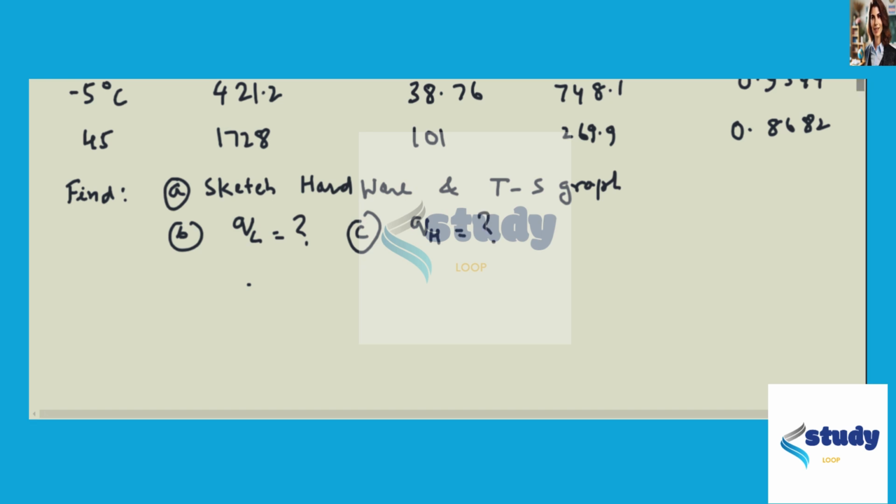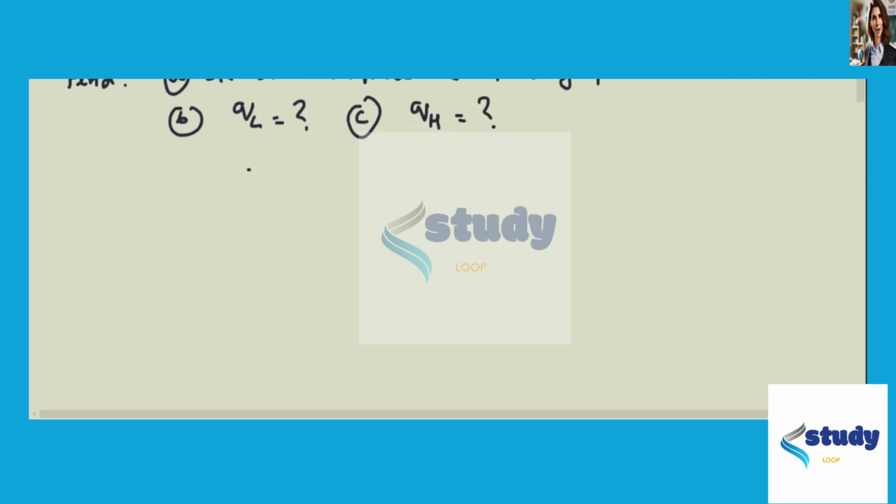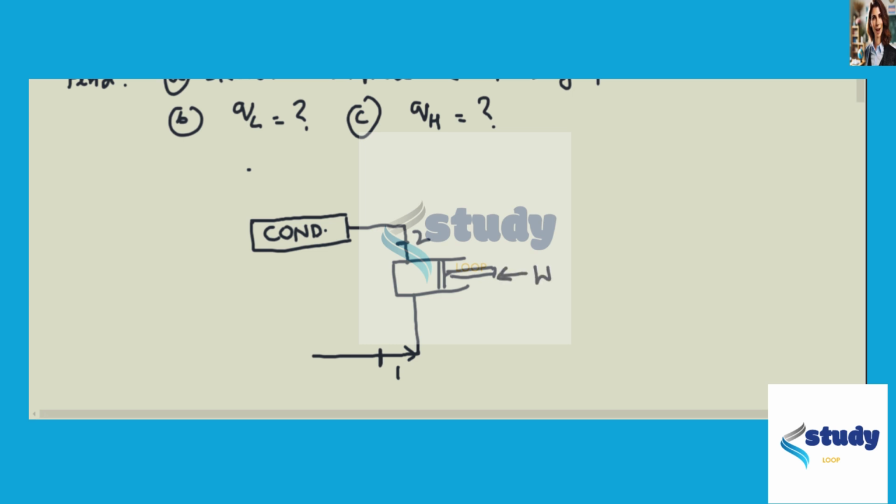Let us draw the hardware of it. There is a condenser, compressor, compressor pump, state 1, state 2, work input, rate of doing the work, power input. Evaporator.